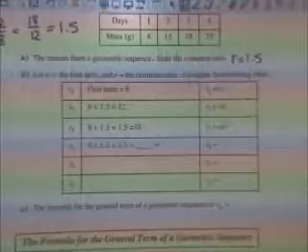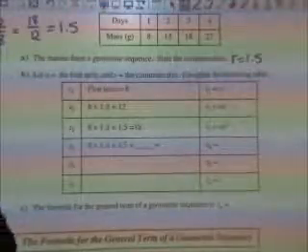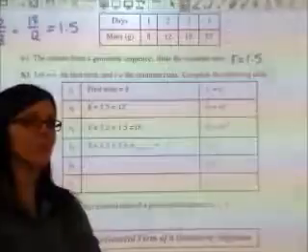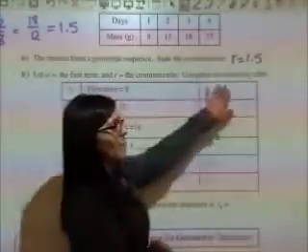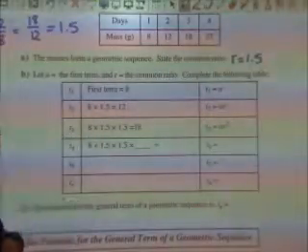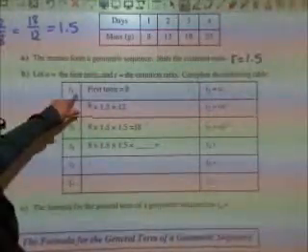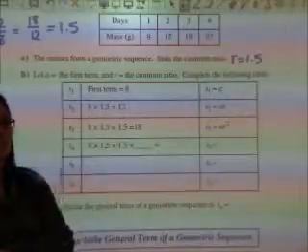If I told you that the common ratio was 1.5 and that the mass of the moss was 8 grams on the first day, we could use that to find out the mass on each of the next 4, 5, or 10 days. So the first day, the term would be 8.